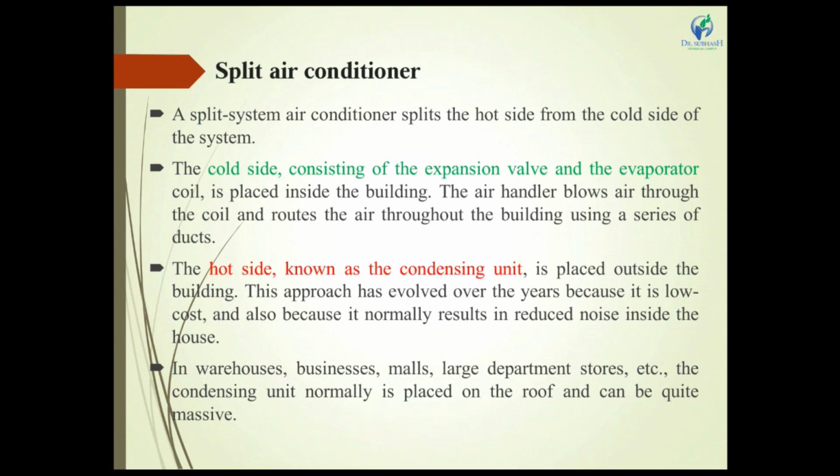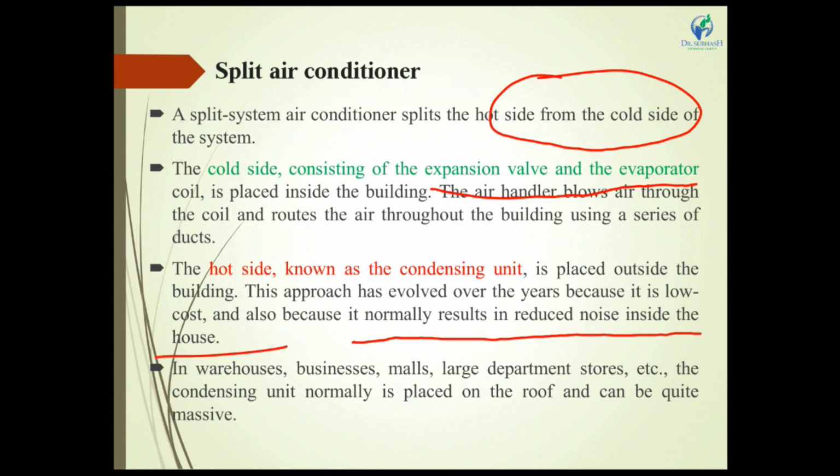A split system air conditioner splits the hot side and cold side: the evaporator and expansion valve inside are the cold side, and the compressor and condenser outside are the hot side. The hot side conditioning unit is placed outside of the building, normally to reduce noise inside the house.